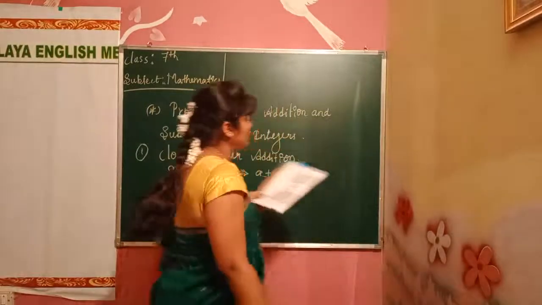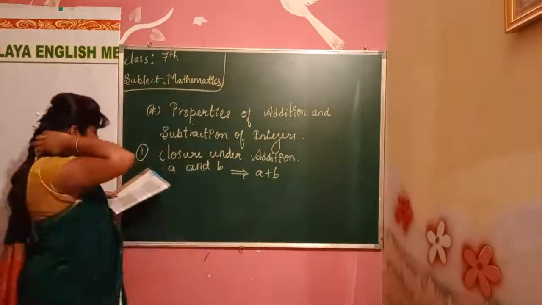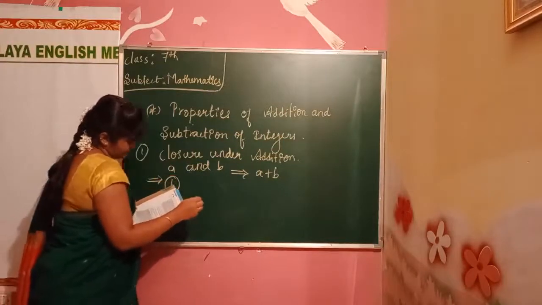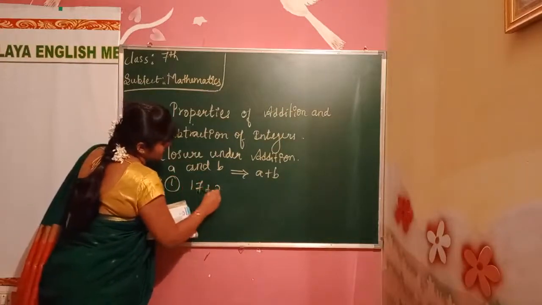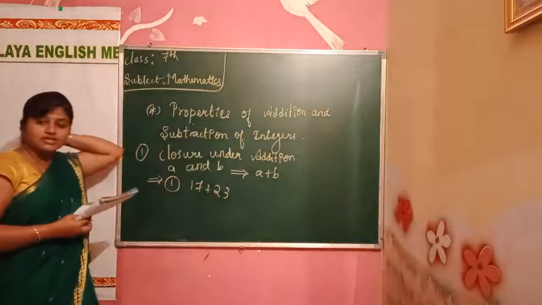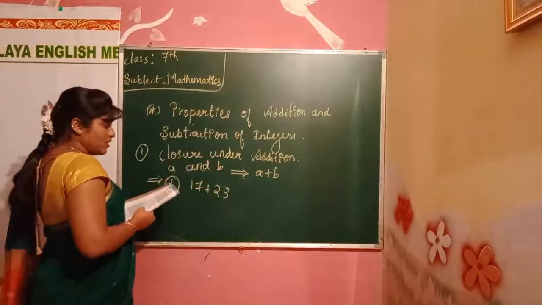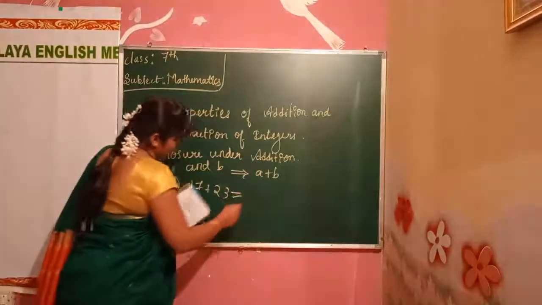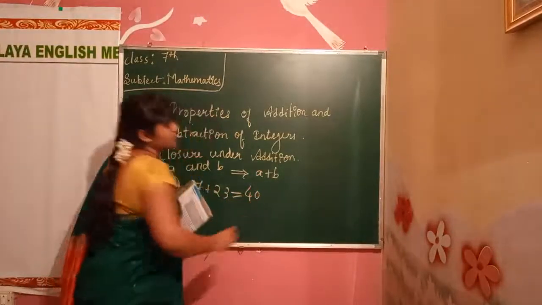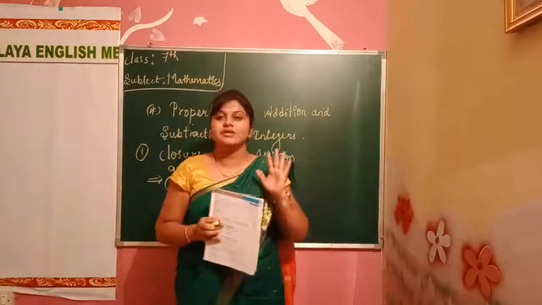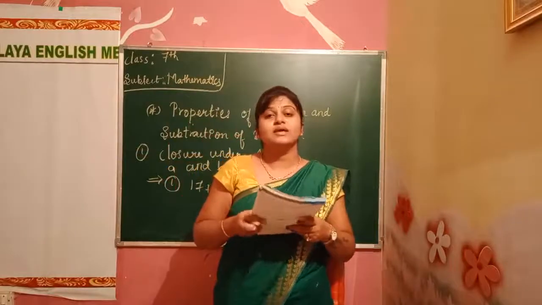We'll solve some examples using this property. First one, 17 plus 23. Both are integers. When we add these two, we get 40. That is also an integer.